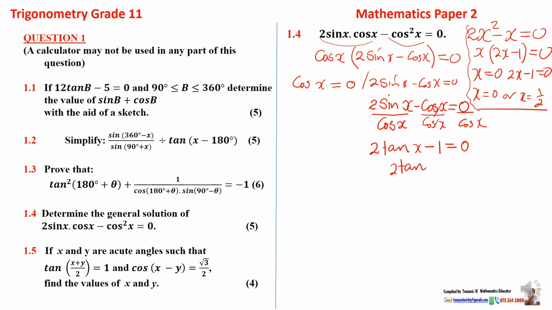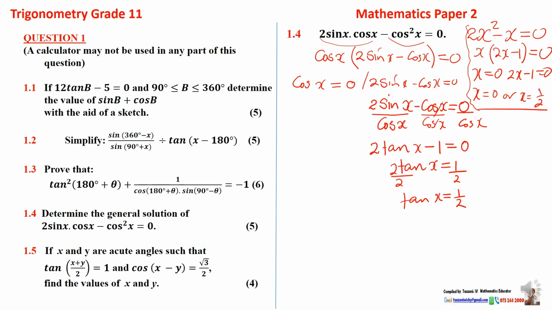We get 2 times tan x is equal to 1. Then we divide both sides by 2 to get tan x is equal to 1 over 2. That is our equation in simplest form. We are now at tan x is equal to 1 over 2.